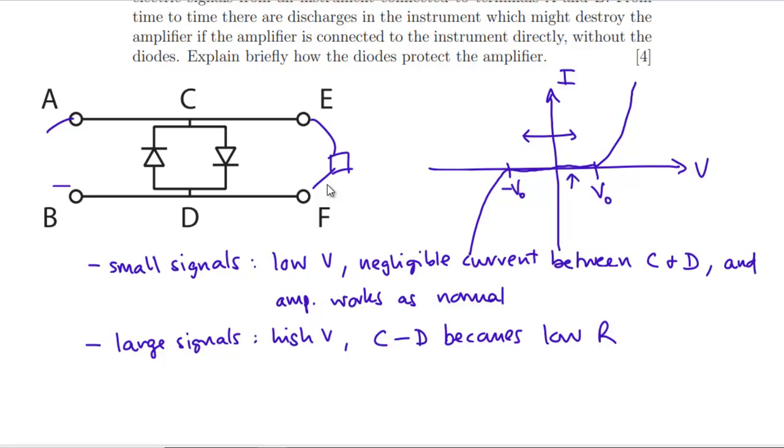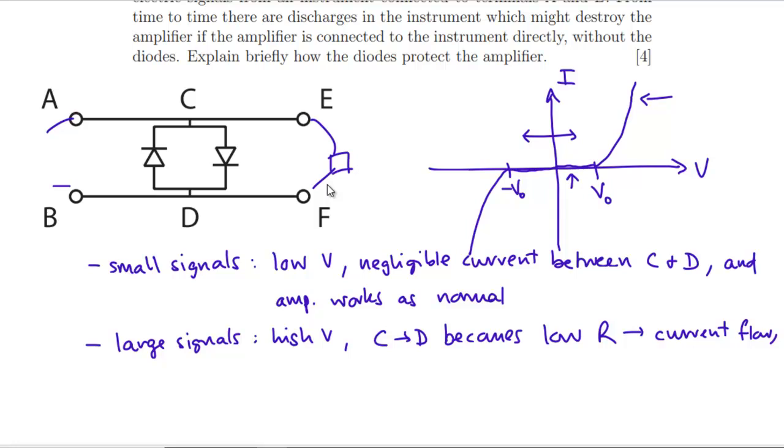We've got high resistance here, and it's ever decreasing as we go up here. So C to D becomes low resistance, which allows current flow, and that protects the amplifier because we now have a low resistance path between C and D.